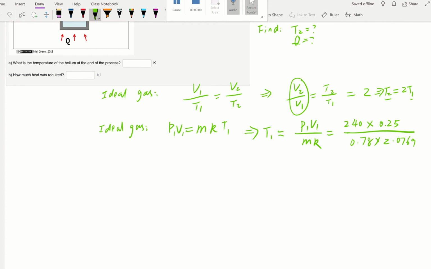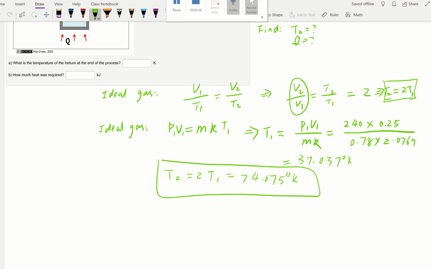So here I have the answer as 37.037 Kelvin. So knowing that, we can go ahead and go back to this, right? Then we can find our T2 is 2T1. It's 2 times 37.037. Then I have 74.075 Kelvin. Okay, so that's the first one.